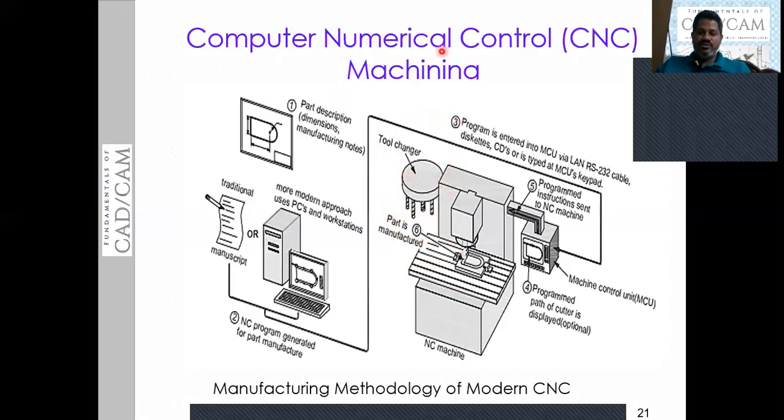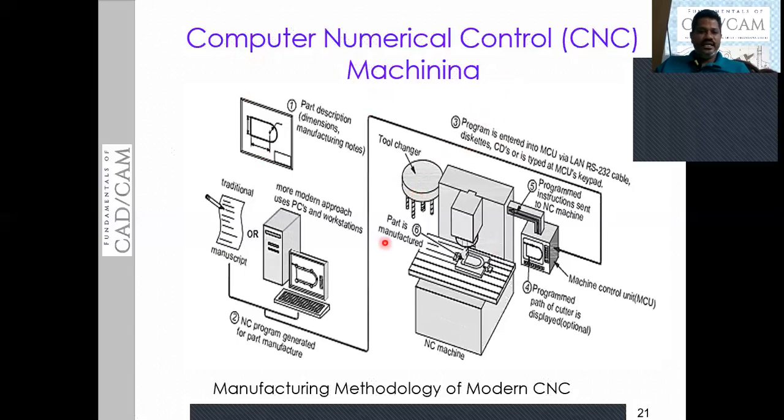In a computer numerical control machine, after completing one task, the automatic tool changer gives us the required tool, which is fed into the CNC machine to perform the next operation.